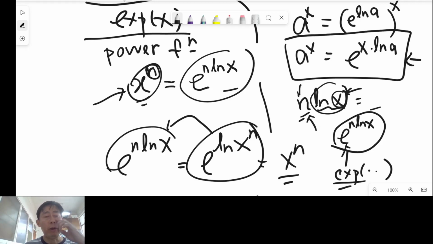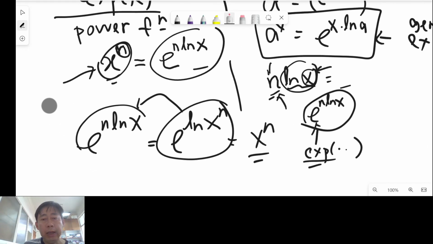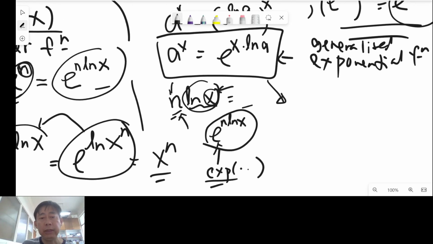So up to this point, we have made use of the exponential function e power x to generalize the exponential function. We have also made use of the exponential function to generalize the power function. The next topic that we are not going to discuss in the live lecture, but is going to be delivered in a recorded lecture, is about the generalized exponential function.